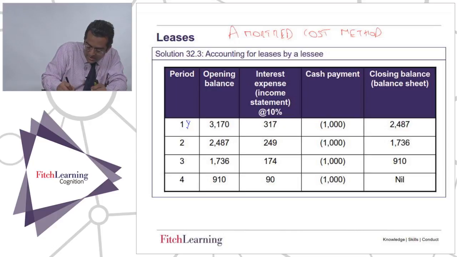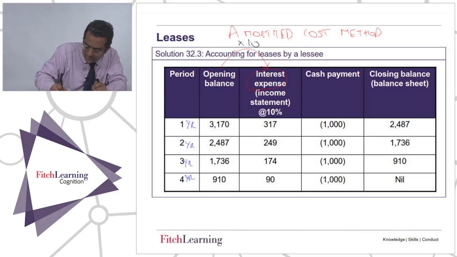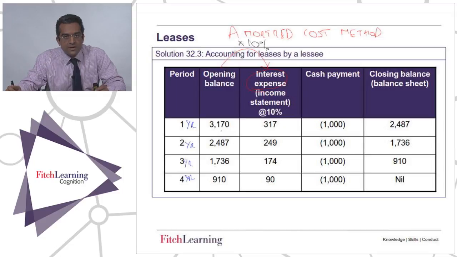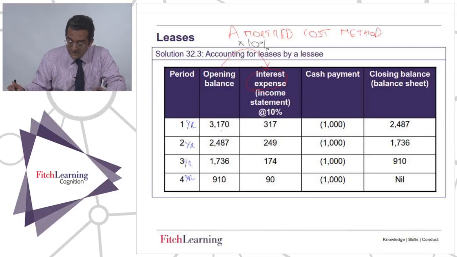So year 1, year 2, year 3, year 4. As before, if you want to work out the interest expense, you just take the opening balance and you multiply it by the lease rate, which we were given, weren't we, as being 10%. So hopefully you can see the numbers there should match out. Yes, 3170 times 10% should be 317.